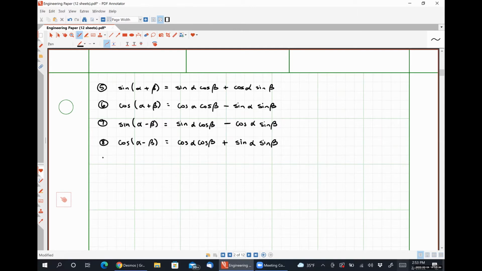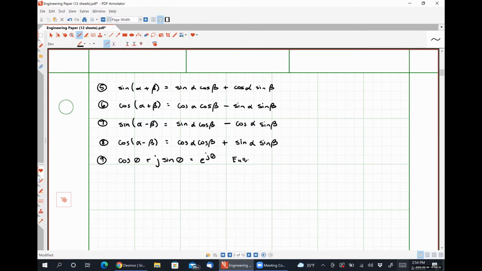Okay. This next identity is a very, very important identity that we are going to utilize later on in today's lecture. It's what's called Euler's identity. And Euler's identity says that the cosine of an angle, let's call it theta, plus j times the sine of that same angle is equal to e to the j theta.